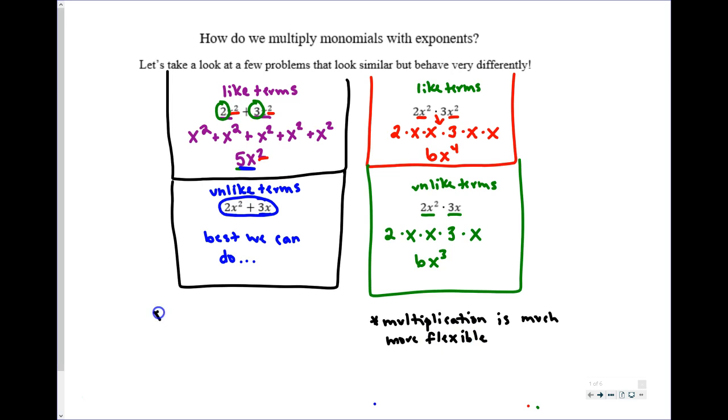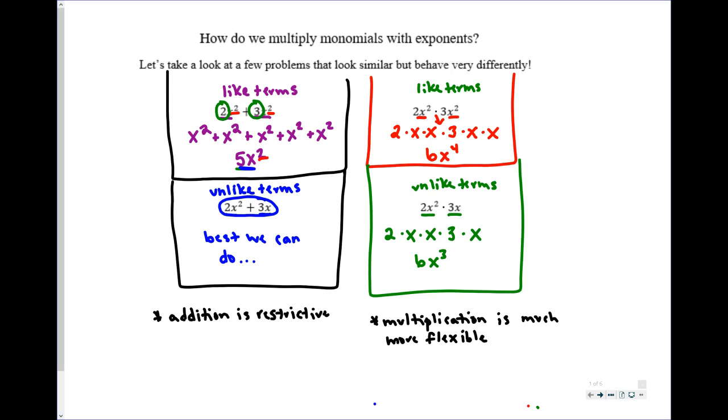Addition, on the other hand, is restrictive. I can only add things that are like terms. I can't add things that are unlike. The math doesn't work, but I can multiply terms and unlike terms as often and as many as I want to. So this is something I want you guys to really pay attention to.